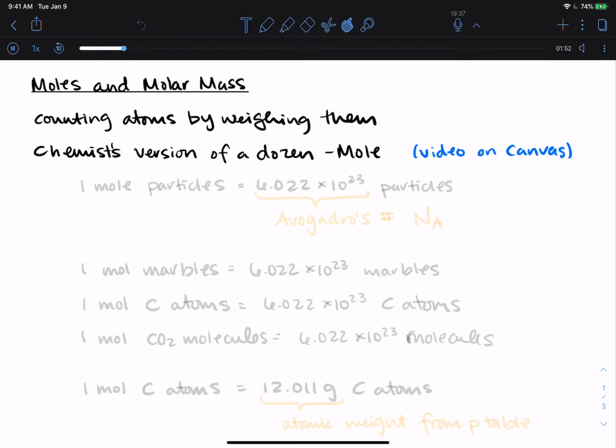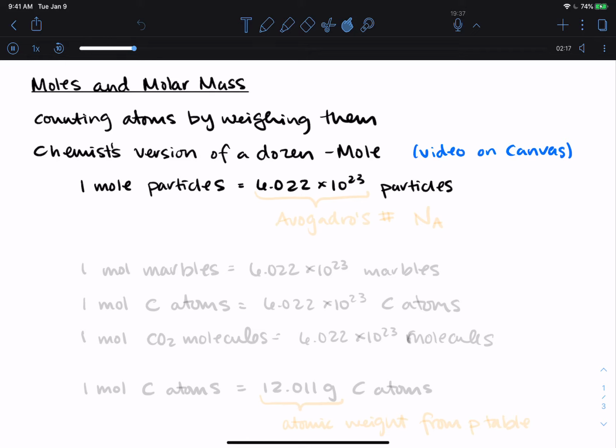So 1 mole is actually a huge number, and I'm going to make sure that I have some explicit pieces in here. I'm going to say 1 mole of particles, and it can be any kind of particle, and I'll show you once we get the number down, is equal to 6.022 times 10 to the 23rd particles.